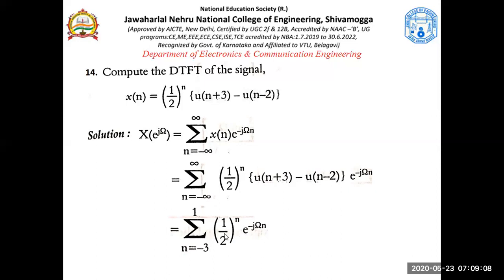Now we can combine these two terms, taking n as the common power of both the terms. That is done here. Now this summation is not in the standard form. What are the standard summations that we've seen? The summation should either go from 0 to infinity, or 0 to some finite number, or some finite number to infinity.